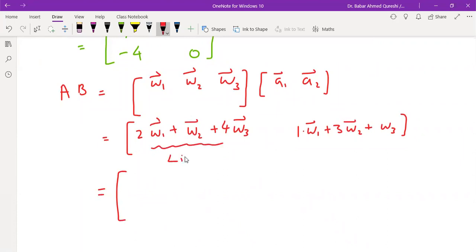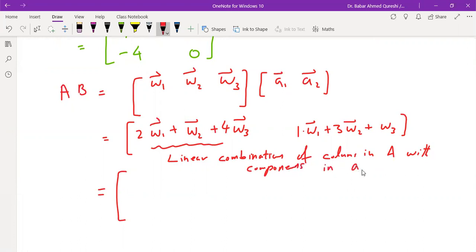So you make linear combinations of columns in A with components in A1, A2, and so on.